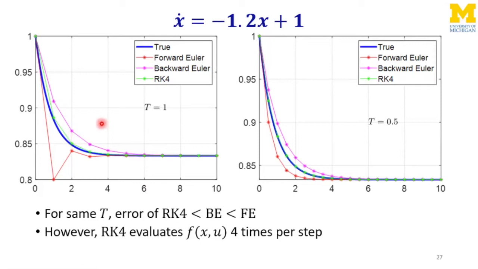But you have to note that the RK4 actually evaluates the function, this right-hand side, 4 times per step in comparison to just 1 time, as is done in the forward Euler and the backward Euler case.